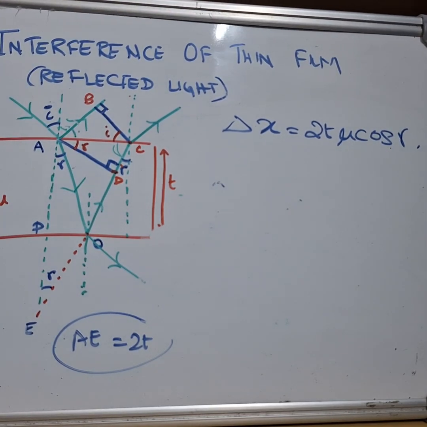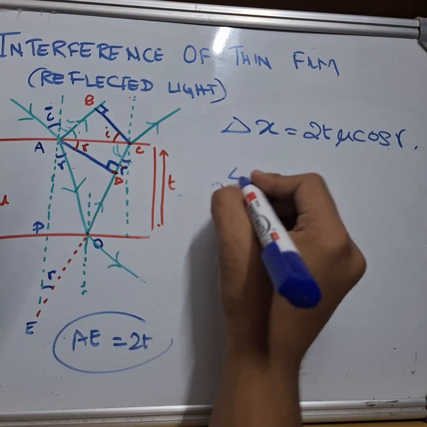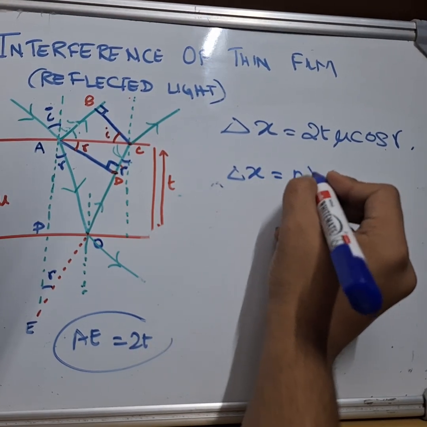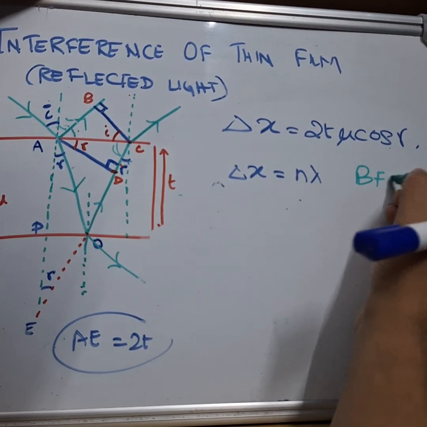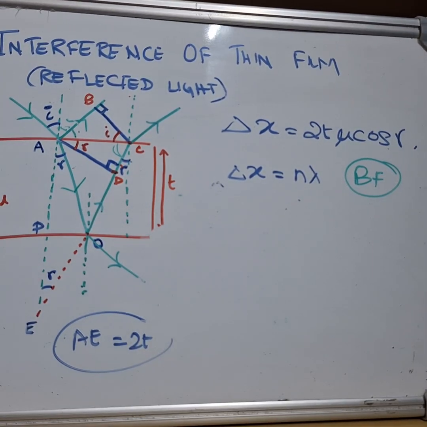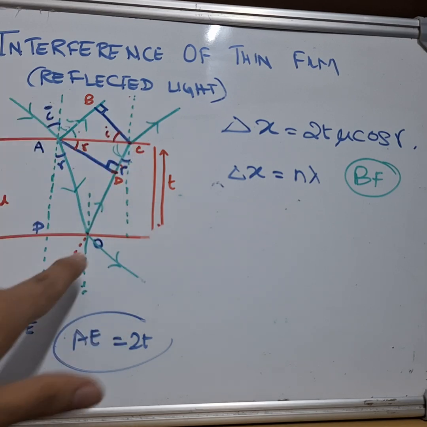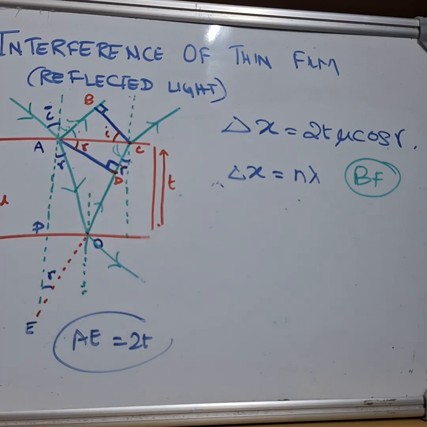Now for bright fringe, we know that the path difference del x should be equal to n lambda. BF is bright fringe out here. Now see this reflected ray out here. These both are reflected rays, right? We know that when a ray is reflected, its phase angle changes by pi.